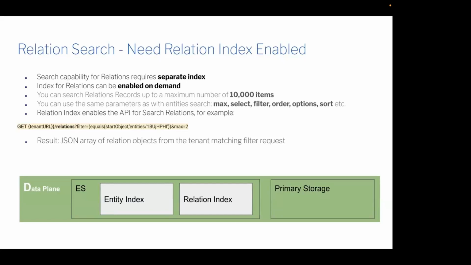You can do select, you can use options, you can do sorting and ordering. And for relation search, the result would be a JSON array that contains all of your relation objects with their attributes and crosswalks. So that's high level relation search.